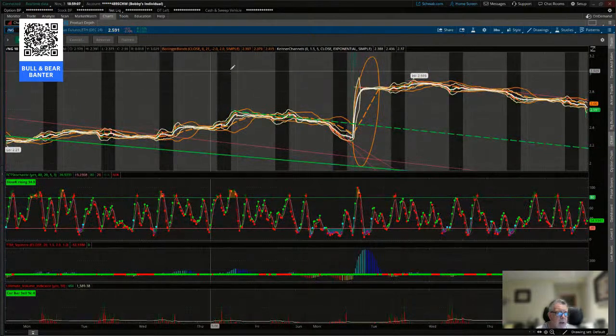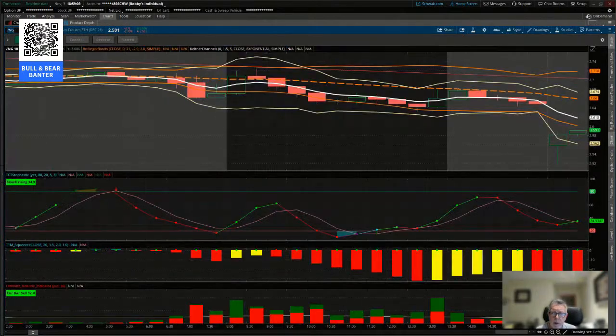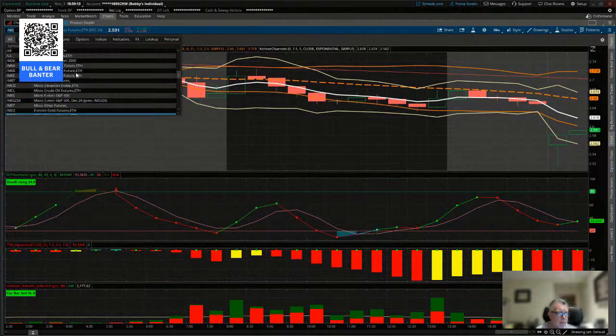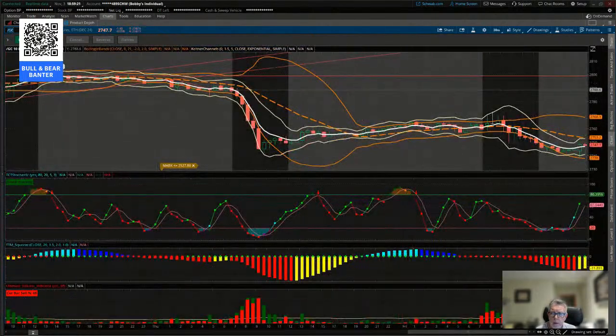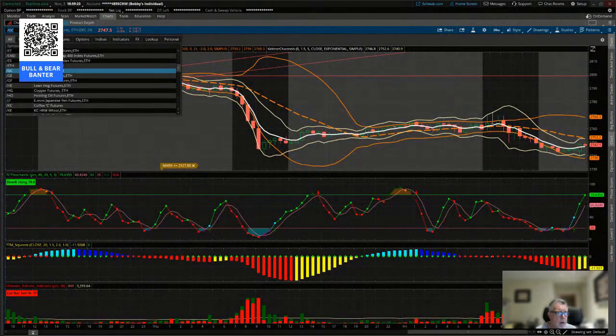Natty Gas, it's pared some of its losses, but man, what a bloodbath. Still down 2.7%. Gold, still down fractionally, but off of its lows.